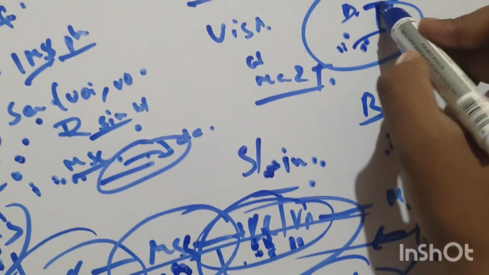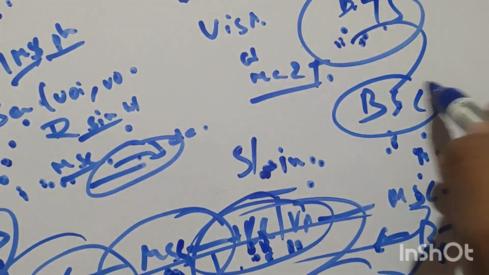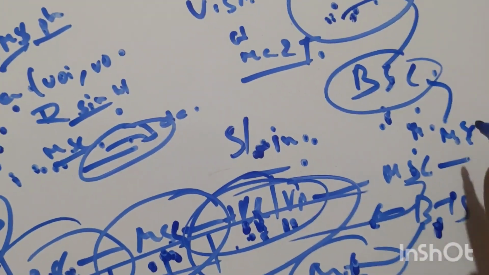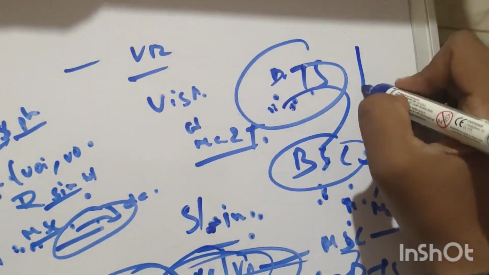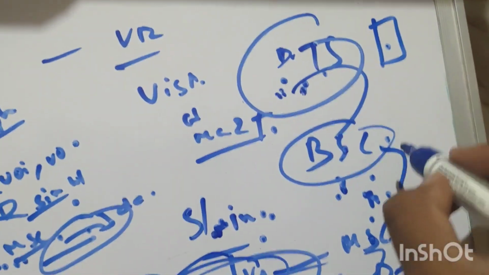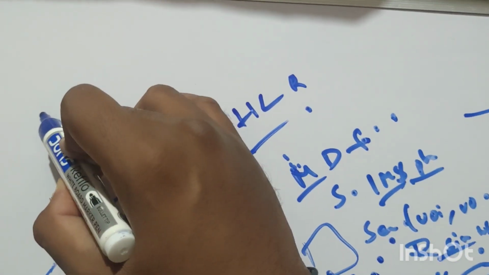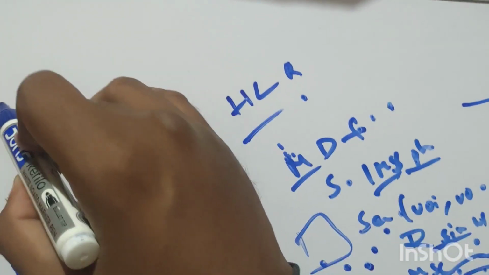So first, it connects to the nearest BTS cell tower. Next, it is transmitted to the BSC, which forwards the call to the MSC. Next, the MSC starts the process of finding the recipient's address. For finding the recipient, their network, HLR and VLR are involved.